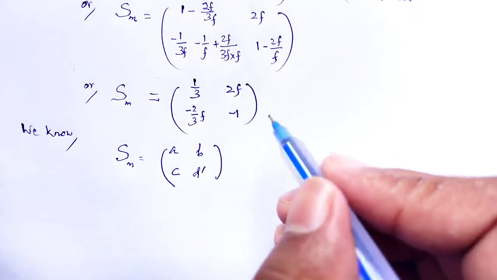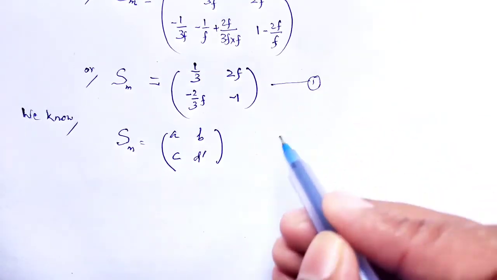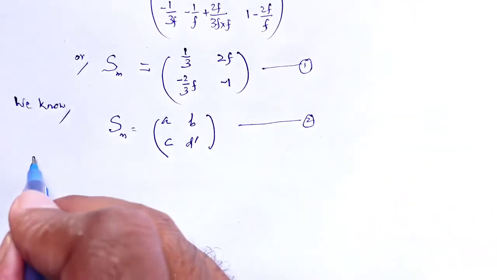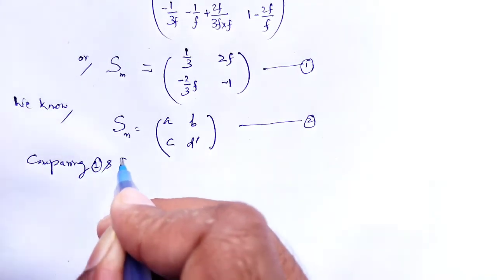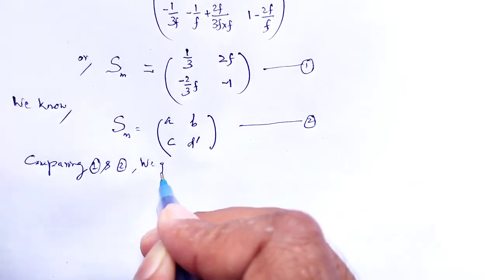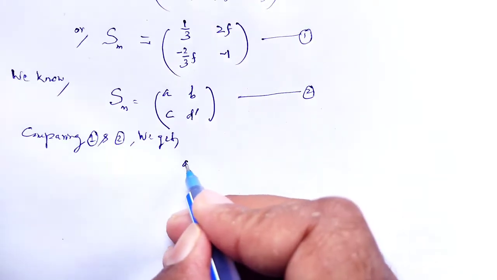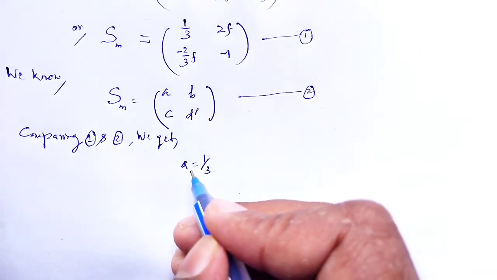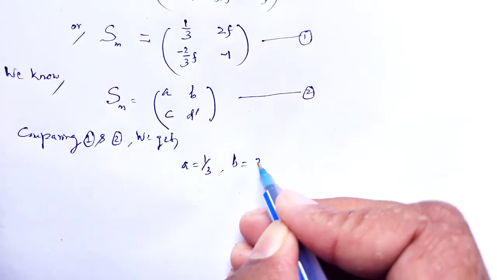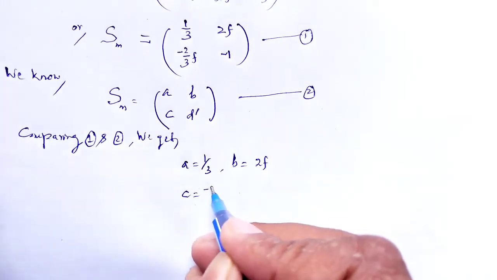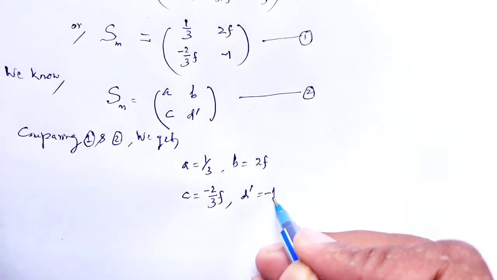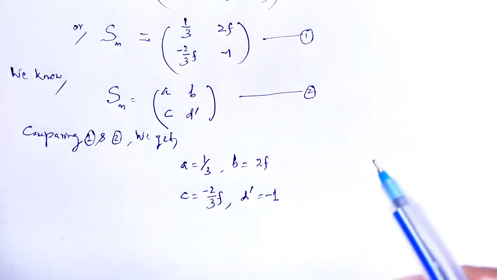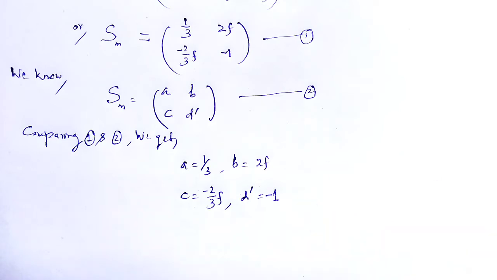Now comparing 1 and 2, we get the matrix components: A is equal to 1 by 3, B is equal to 2f, C is equal to minus 2 by 3f, and D dash is equal to minus 1. By using these matrix components, we can easily calculate the equivalent focal length and the location of cardinal points.